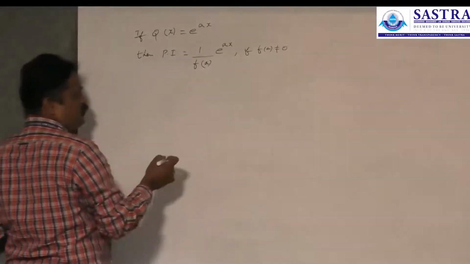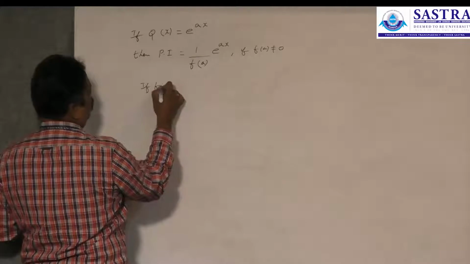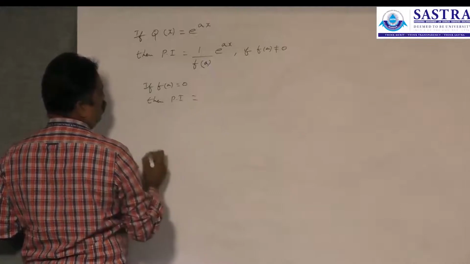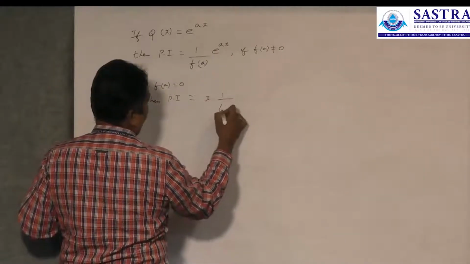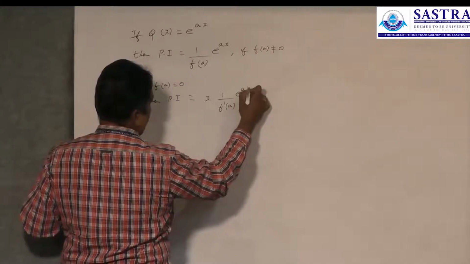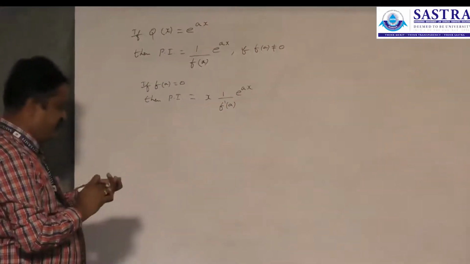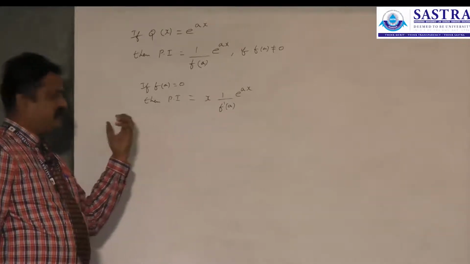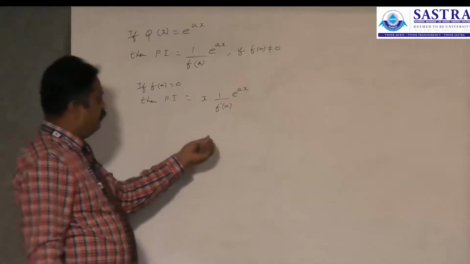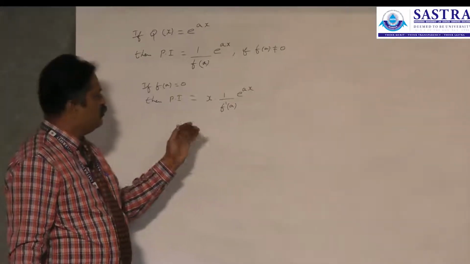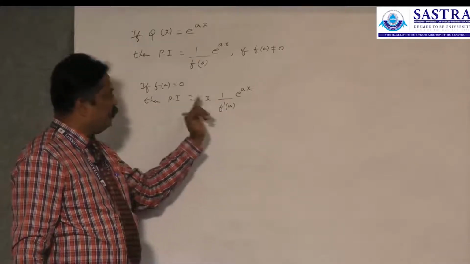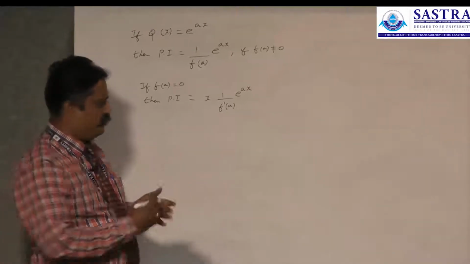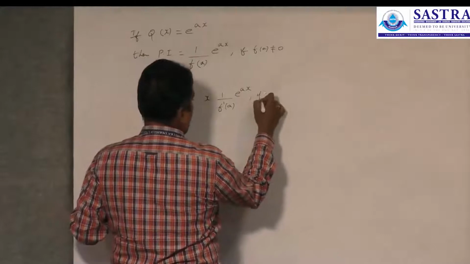If f of a is equal to 0, then particular integral is equal to x into 1 by f dash of a e power ax. That means differentiate the denominator f of d with respect to d and then replace d by a. And you have to multiply one x to the numerator, provided f dash of a is not equal to 0.